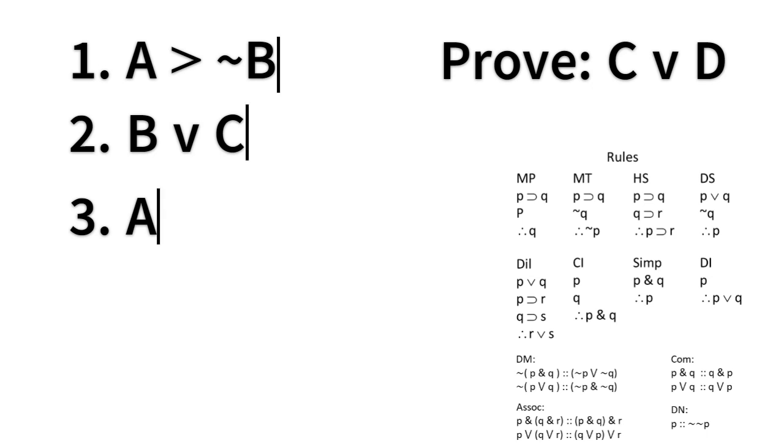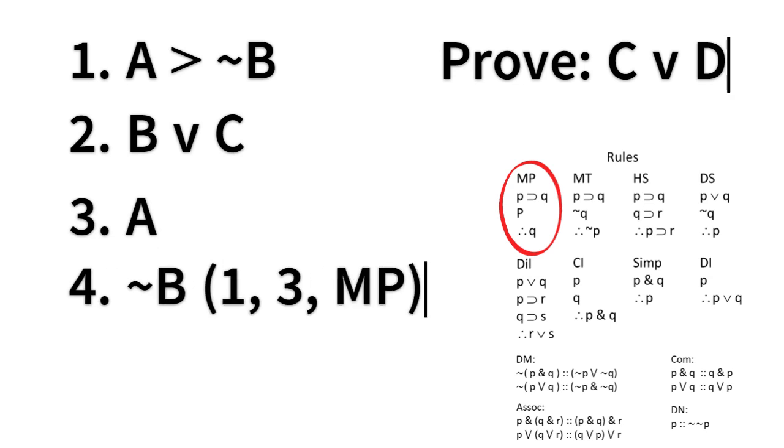Our initial premises are 1. If A, then not B, 2. B or C, and 3. A. So, you can see the first move available to us if you look at lines 1 and 3. Using modus ponens on lines 1 and 3 gives us not B on line 4.